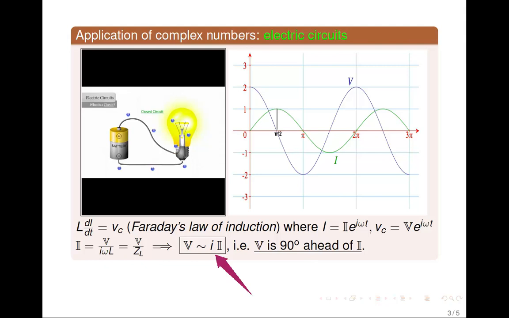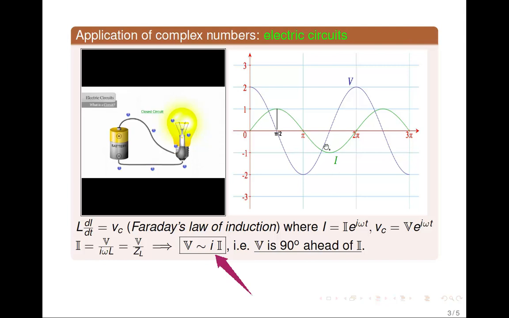So V proportional to iota times I in this case means that we should expect the voltage waveform to be 90 degrees ahead of the current waveform, based on our interpretation for iota, which we saw in our previous slide.